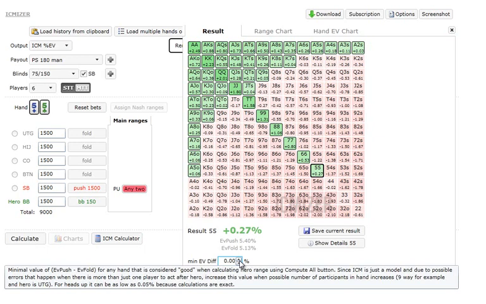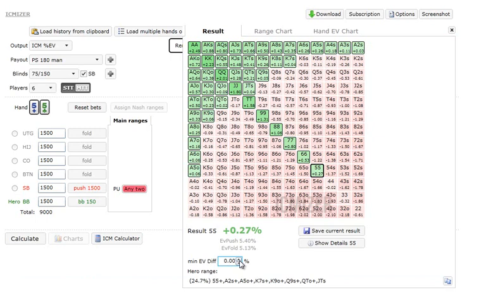Some say that applying ICM is simply wrong and you should always be taking chip EV decisions in multi-table tournaments, but I think those players are really wrong, because ICM is applied in tournaments, so you shouldn't be ignoring it if you have the ability to take it into account. But there are some ideas, let's say that you may want to get a bigger stack if you feel that later you would be able to use it to your power.